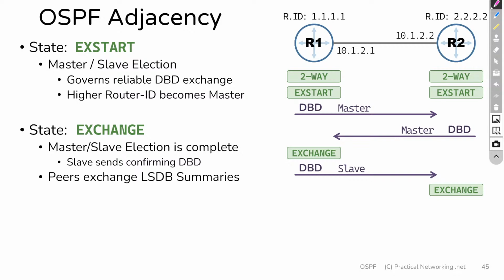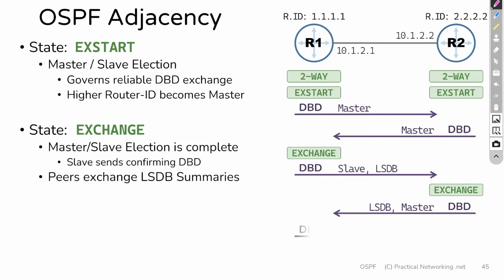Remember I told you the main purpose of the DBD packet was to send the summary of the link state databases. Well, what happens is when the master-slave election is complete, the slave then also sends a summary of its link state database. And then the master sends a summary of its link state database.